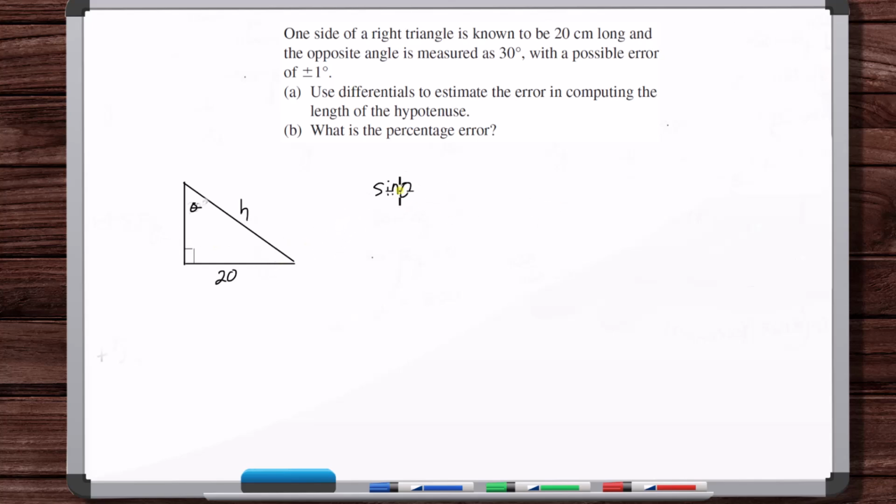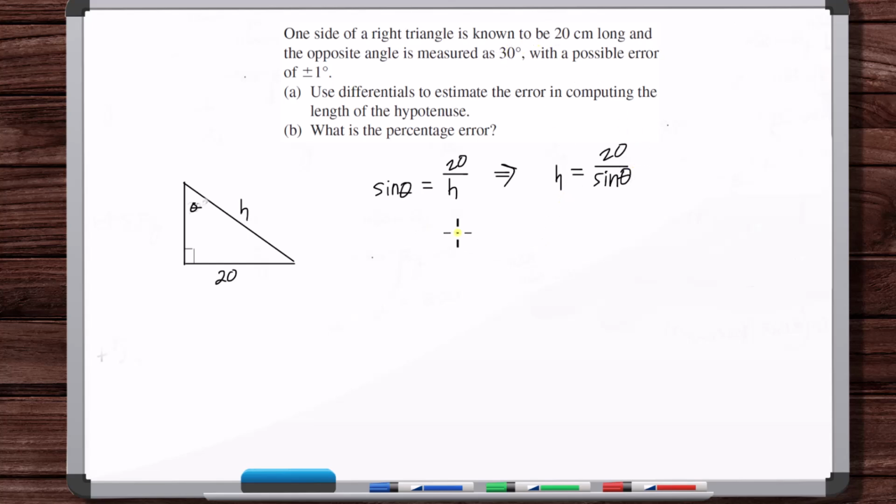Okay, so sine of theta is equal to opposite over hypotenuse. Okay, so that means that the hypotenuse is equal to 20 over sine theta. But we know theta can vary by plus or minus 1 degree, and nominally it's 30 degrees.